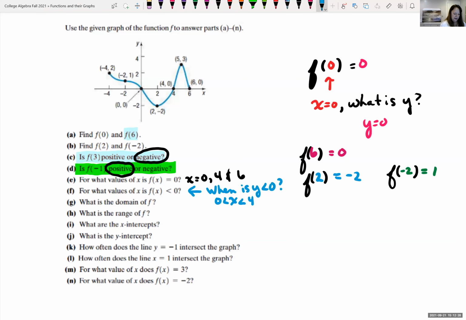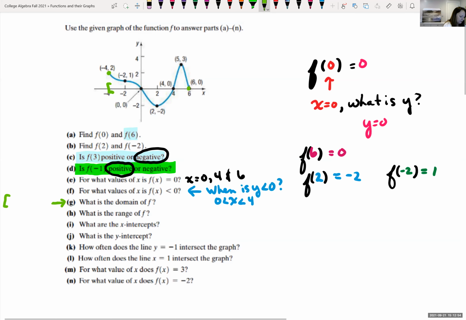The domain is where we're looking at the x values that the graph is hitting. Because there is a solid point on each end, that tells me the graph is not continuing in that direction, it's stopping there. The smallest x value I have is -4, and it was a solid point there, so I'm including it.